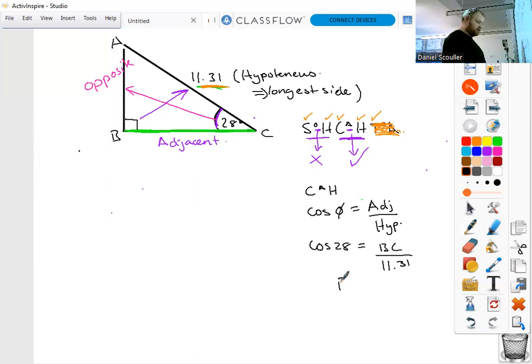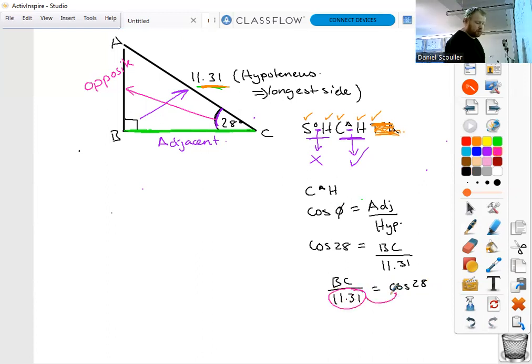I'm going to flip this round, so BC is on the correct side, okay, and then it's going to do this again.